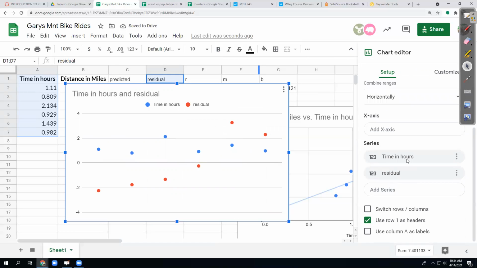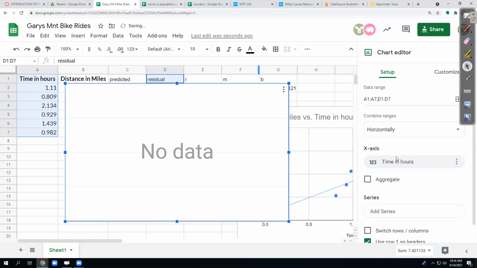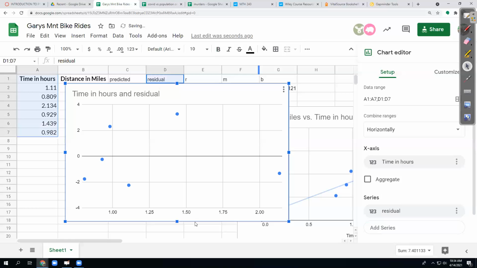Time should be x, and series should be the residual. There we go. So again, this one's farther out from the others, but there's some above and there's some below, and I really don't see a pattern to how they're spread out here.